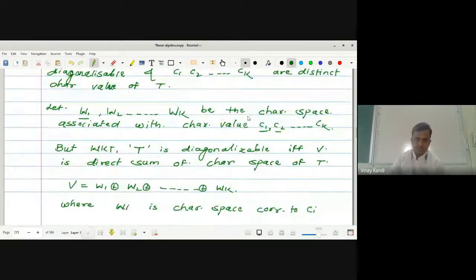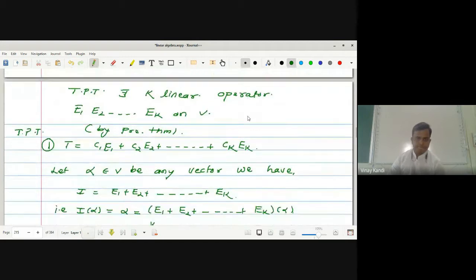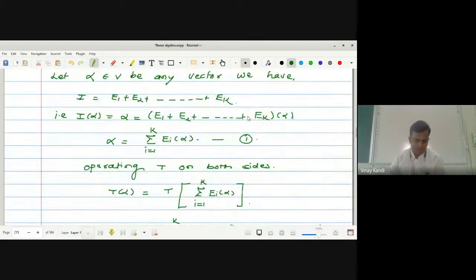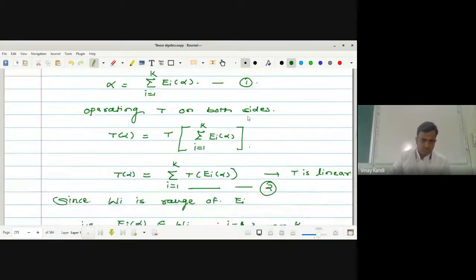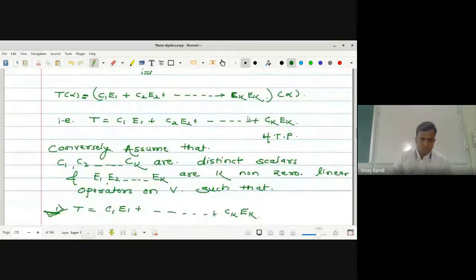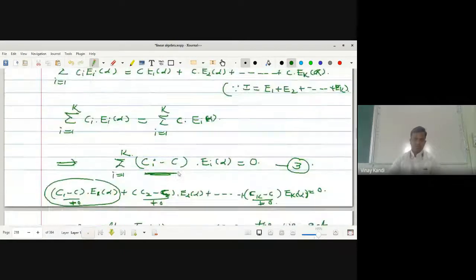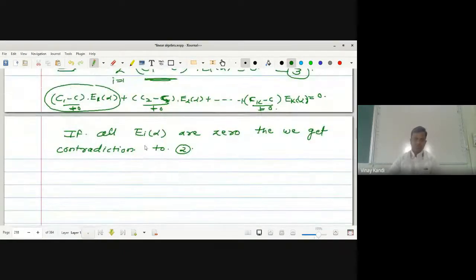Right. All Ei are non-zero. Okay. And here we get what? Ei of alpha is equal to 0. Okay, so this is the contradiction to 2.